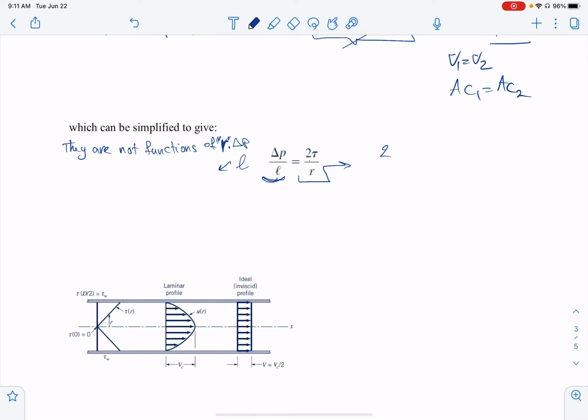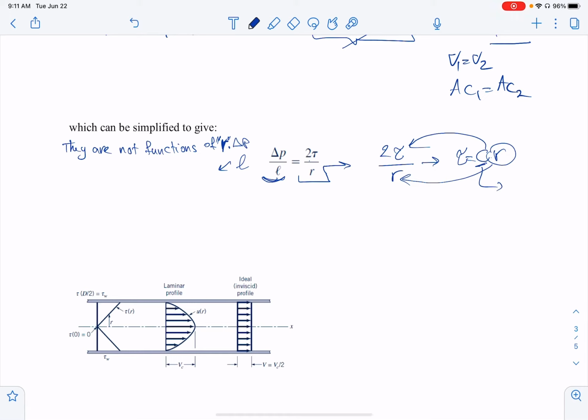So then it means that 2 times the shear stress over R should be independent of R. So what it means is that tau should be equal to C times R. Then if we put 2C times R, then R is going to be cancelled by R, right?